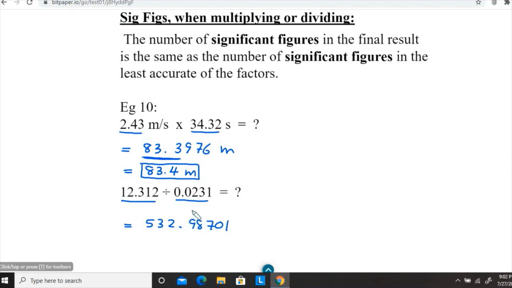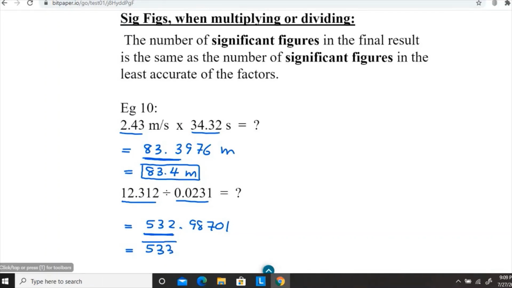So we only look at 3 sig figs. So that is up to this number. However, after the decimal place, we see a 9, so we can round it up. And after rounding up, it's going to be 533. That's how you do this example.